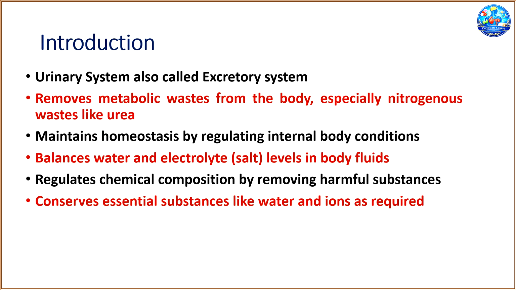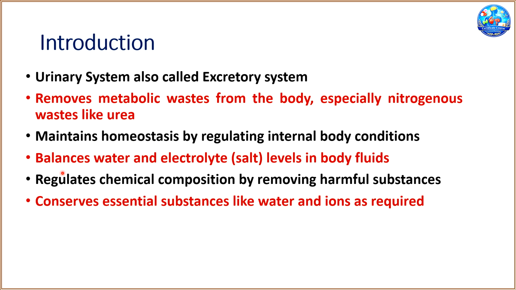The urinary system is also known as the excretory system. It is an essential organ system responsible for removal of metabolic waste from the body, mainly nitrogen waste like urea. It helps maintain homeostasis, which regulates the internal body conditions.